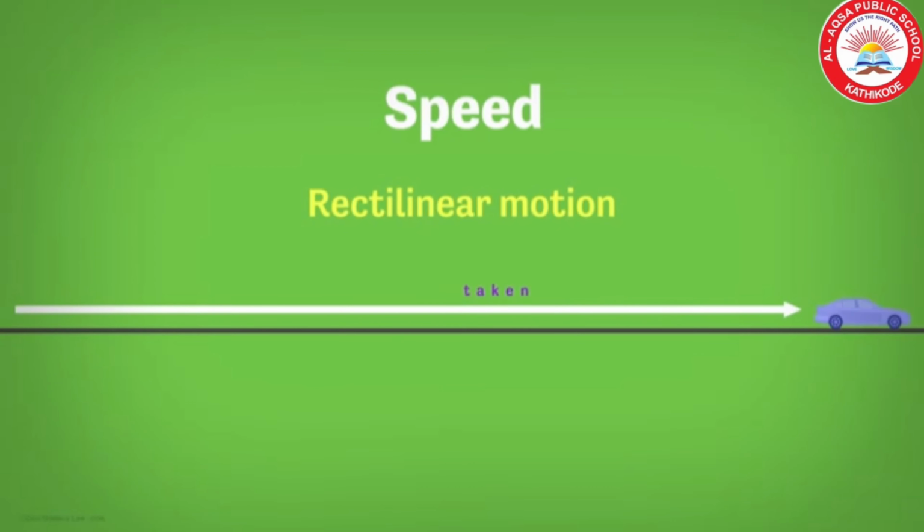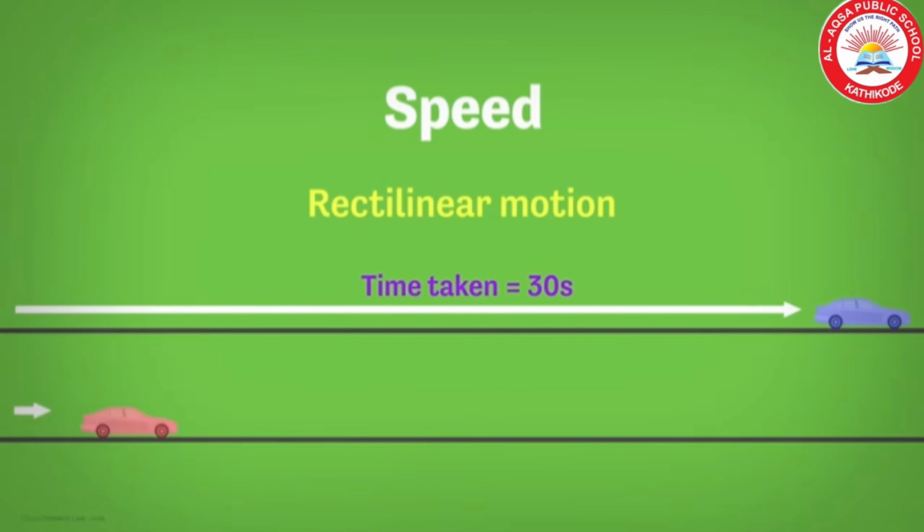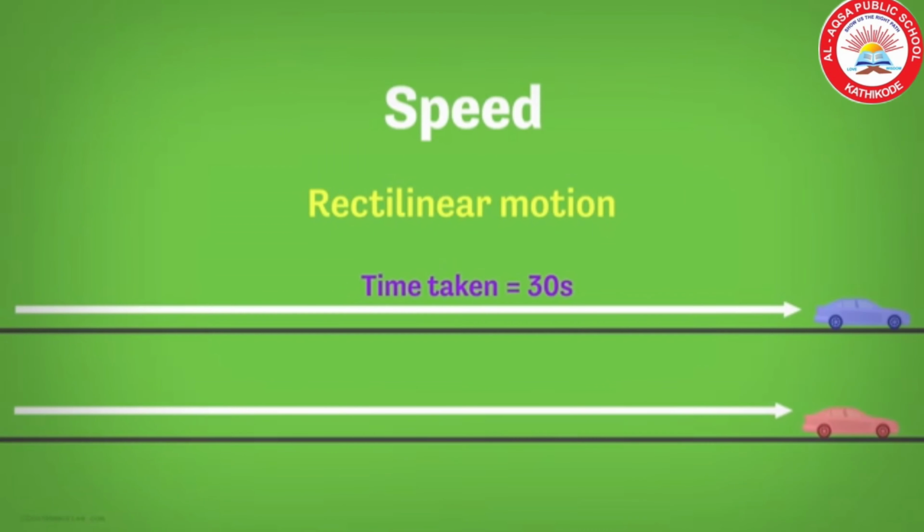The time for completing that move is 30 seconds. Here we can also consider another car, a red car, that is moving, and the time taken for that one is 40 seconds. So how will we decide which one has more speed and which is slower?